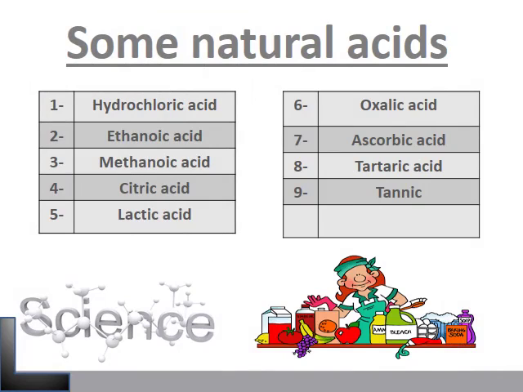Dear students, you will also learn some natural acids. You can also see them. You can open your book, page number 109. You will first learn their names, and then you will also see where they are found. So the natural acids are hydrochloric acid, ethanoic acid, methanoic acid, citric acid, lactic acid, oxalic acid, ascorbic acid, tartaric acid, tannic acid.